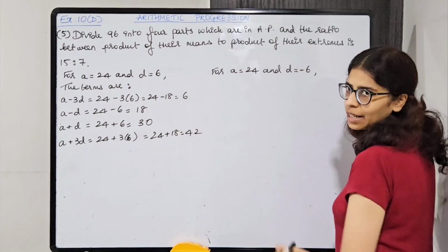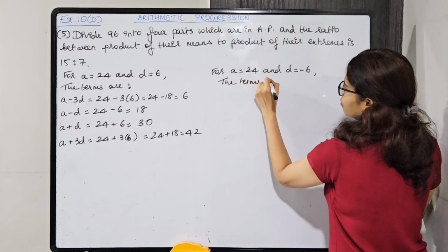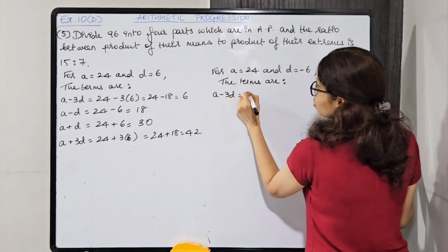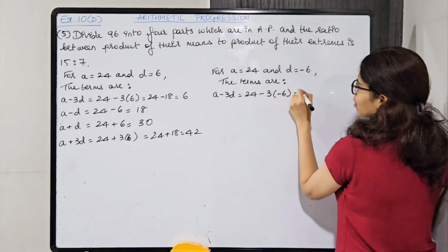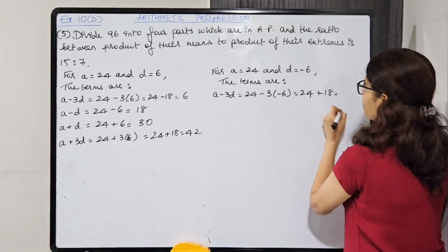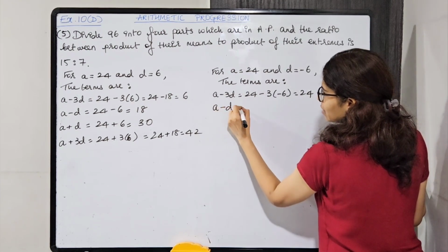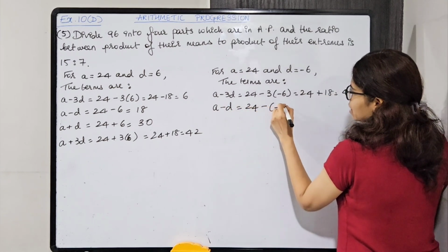यहाँ पे reverse मिलेगा. The terms are a minus 3d, that is 24 minus 3 into minus 6, that will give 24, minus into minus plus 18, that will give 42. Next a minus d, that will be 24 minus minus 6.